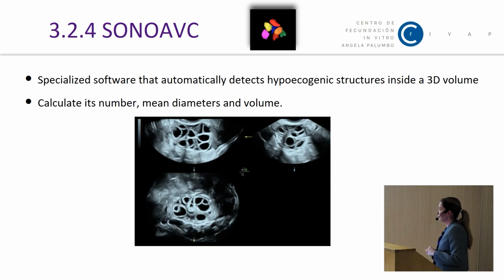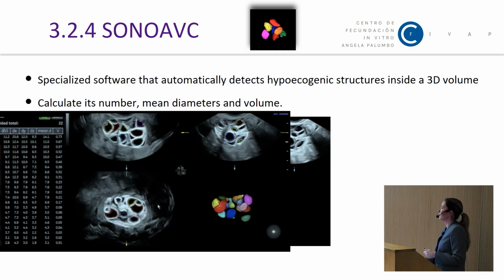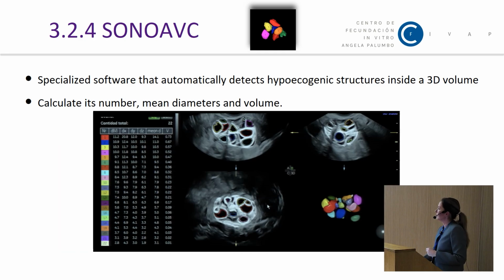And sono-ABC is a specialized software that automatically detects hypoechoic structures inside the 3D volume. It calculates the number, the three diameters, the mean diameters, and the volume of each follicle, which are represented in the report. They are also color coded, so they can be easily identified in the reconstruction.